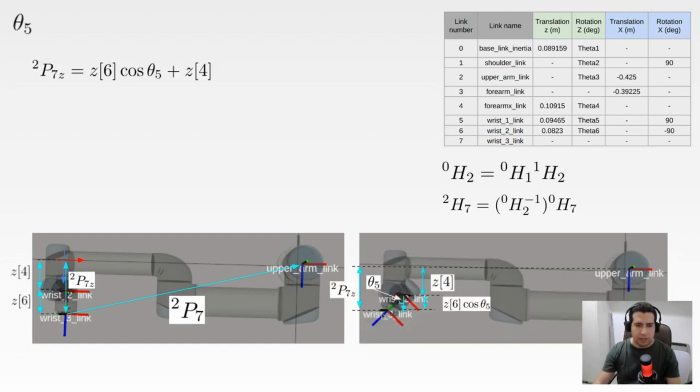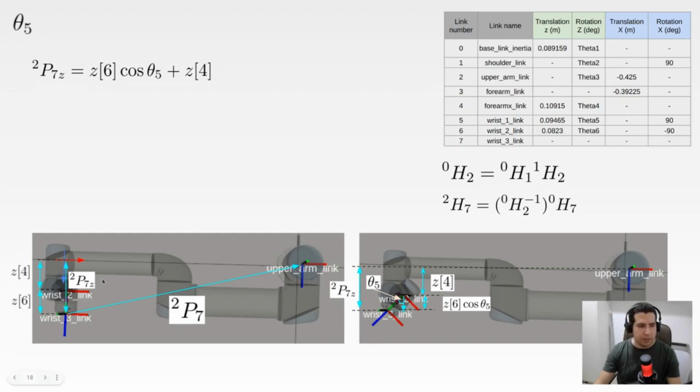So we have this component that's the position of frame wrist 3 link with respect to the upper arm link in the z direction, and we need to find some other correspondence of this distance using the parameters of this table.